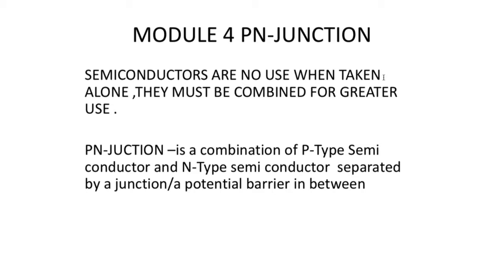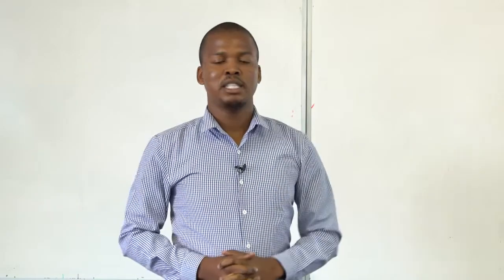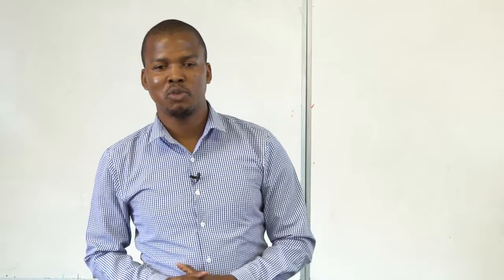They need to be combined for a greater use. A P-N junction is a combination of P-type semiconductor and N-type semiconductor, separated by a junction or a potential barrier in between. I will explain further what is a barrier, a potential barrier and a junction as we move forward.